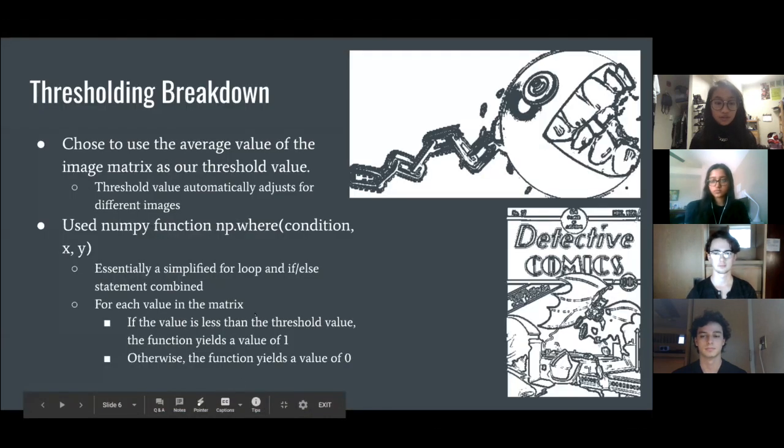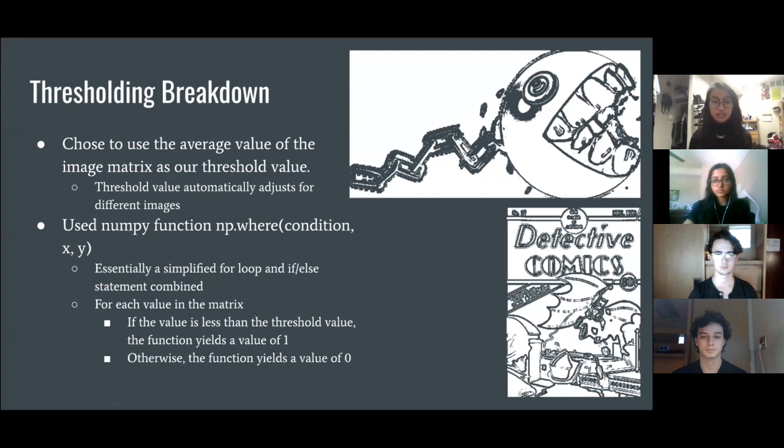So for our thresholding function, we decided to set our threshold value to the average value of the matrix. We did this to ensure that the threshold value is based on each image individually, so then we don't have to manually come up with a new threshold value for each image. We decided to use the numpy.where function to simplify our code because it is essentially a for loop and if-else statement combined where you input a condition.